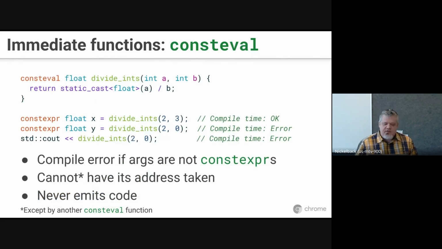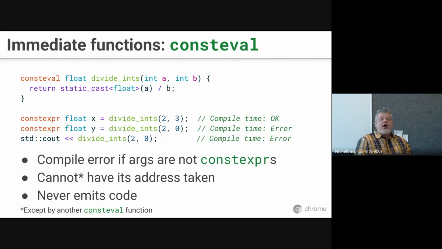So consteval is kind of like a subset of a constexpr function. You'll notice subtly I changed divide ints to now be consteval instead of constexpr. Consteval means it has to be evaluated at compile time. In fact, it doesn't even emit code into the binary. It's only used by the compiler.